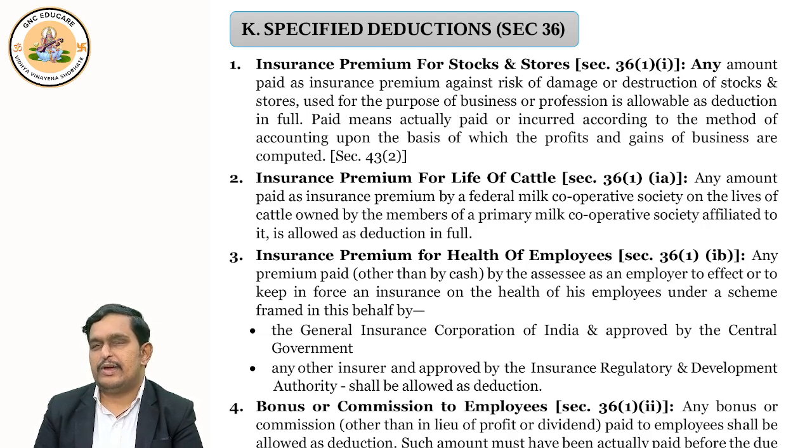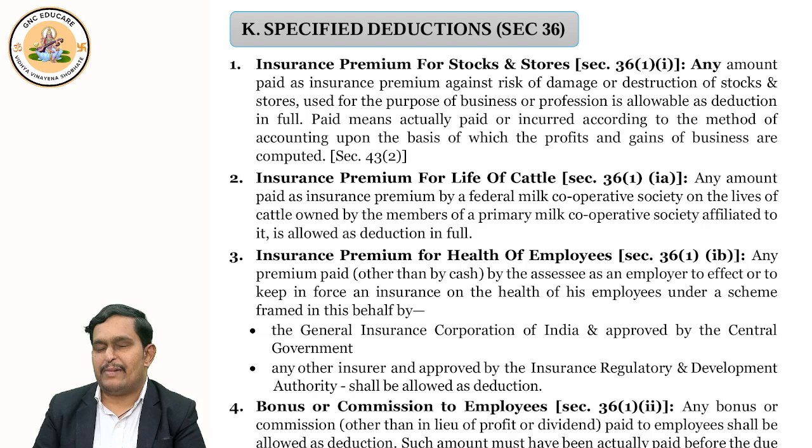It is basically a complete list which they give, and only the items on this list can be deductible under section 36. That's it. Now let's continue with the story.